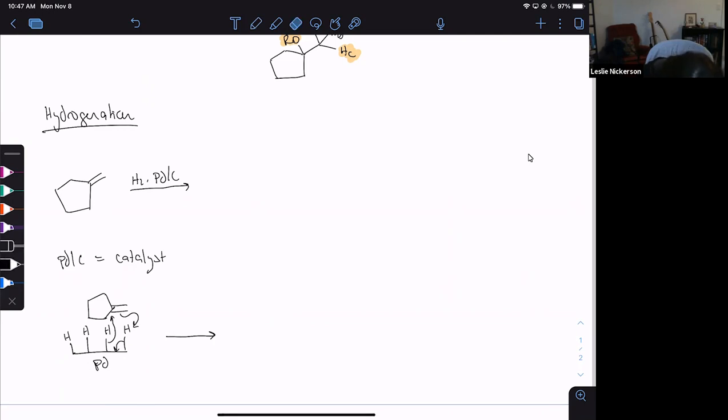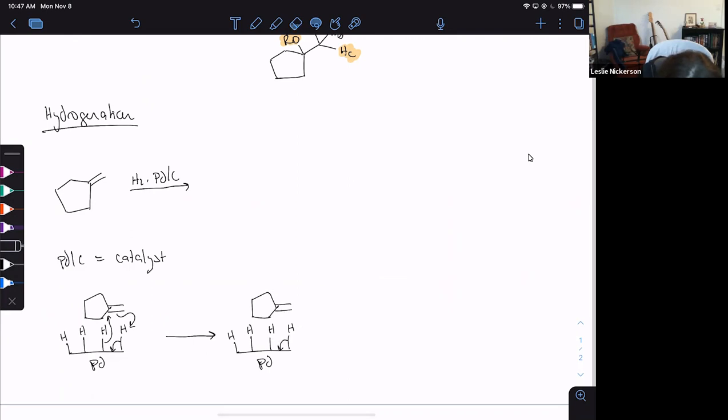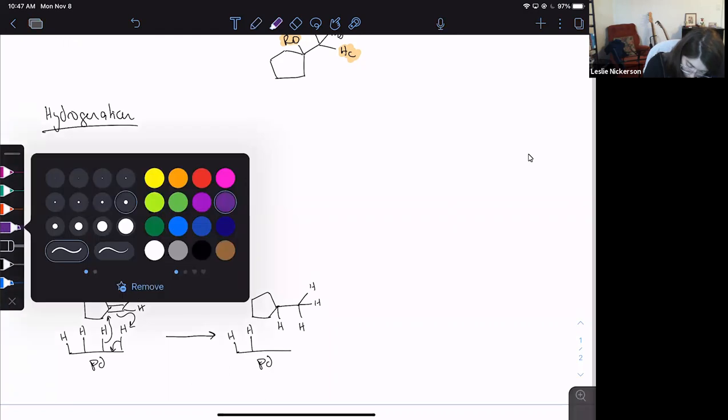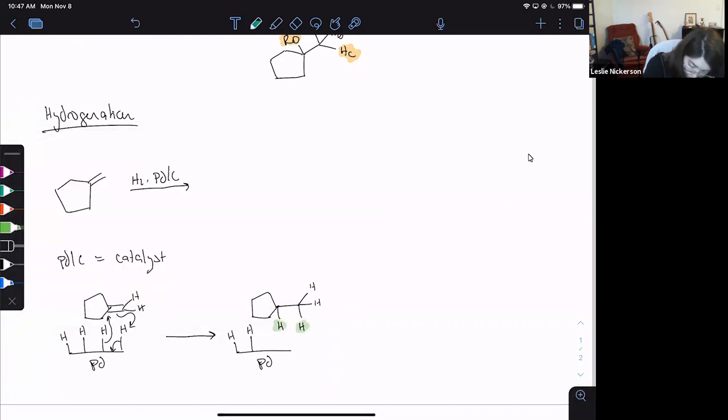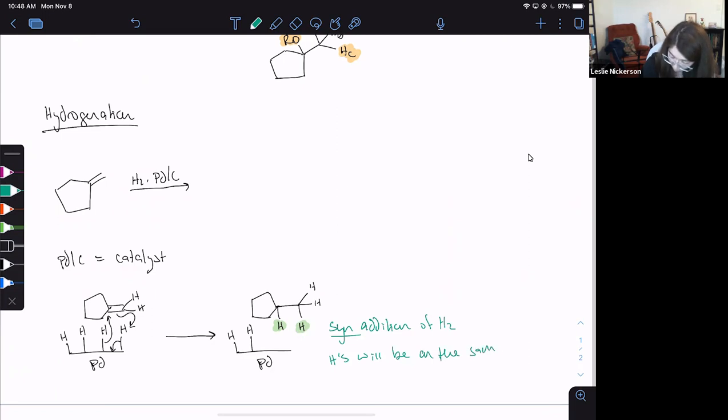I'm trying to draw this, actually, I know how to do this. Okay, so what you're going to be left with are these two H's adding syn to each other. Okay, so they're going to be on the same side from this addition.